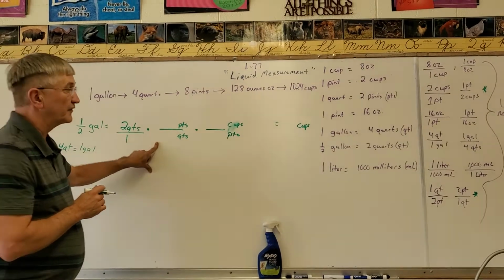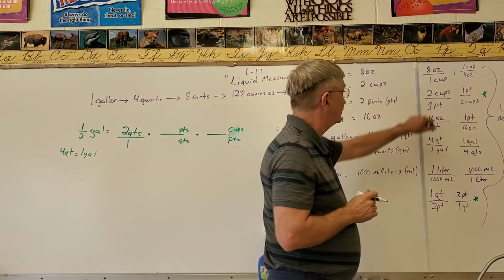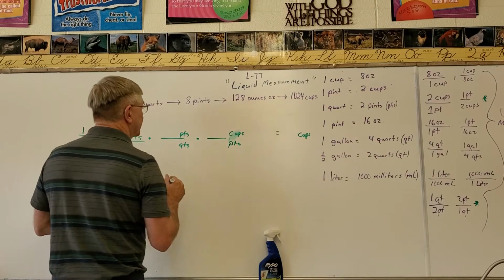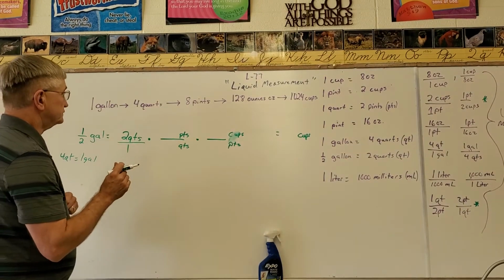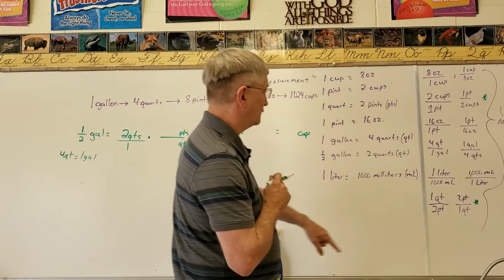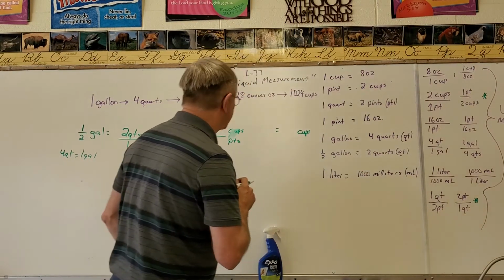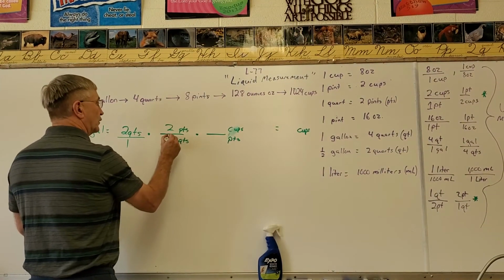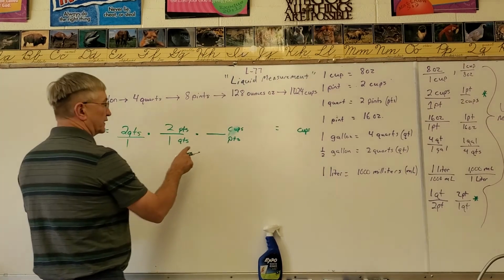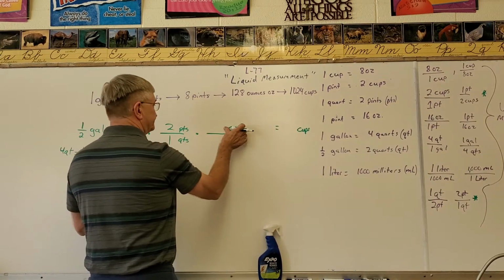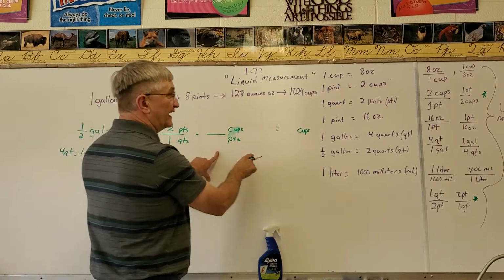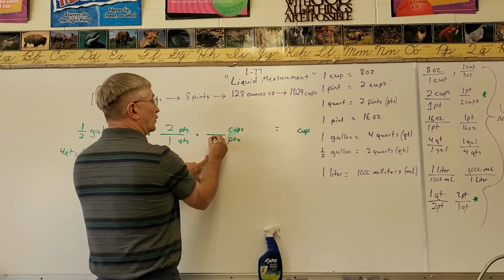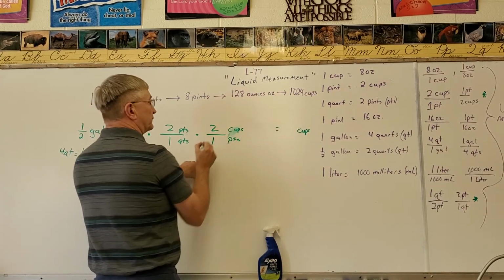For pints, we have 2 cups equals 1 pint. But I almost forgot the first one: 1 quart equals 2 pints. Let's set that one up first. So we have 2 pints, 1 quart. And now we're ready for the pint one, which is 1 pint and 2 cups.